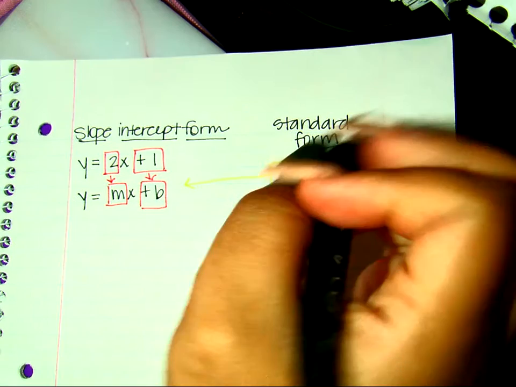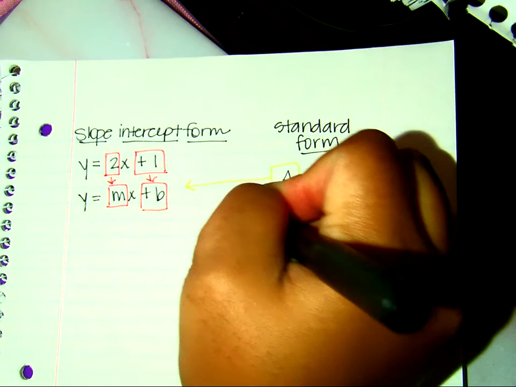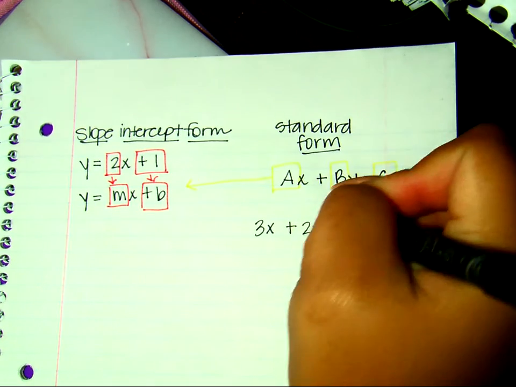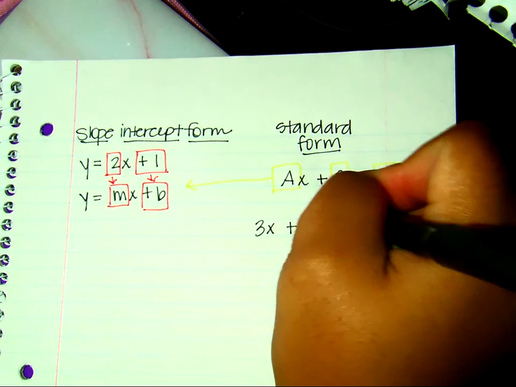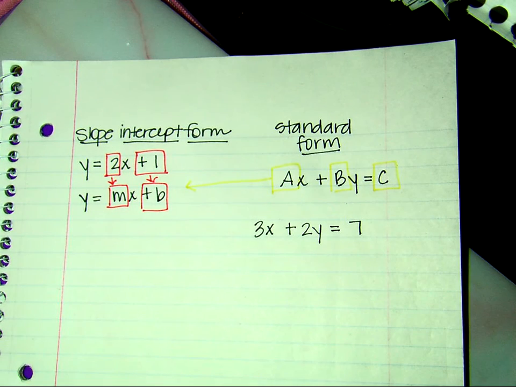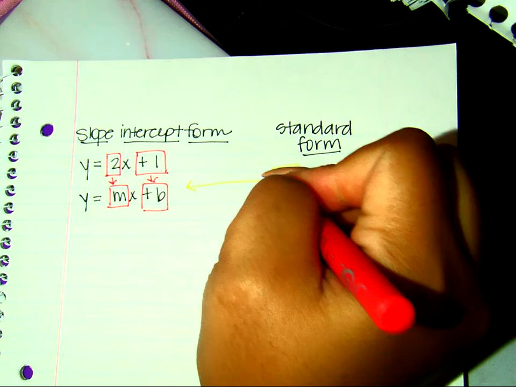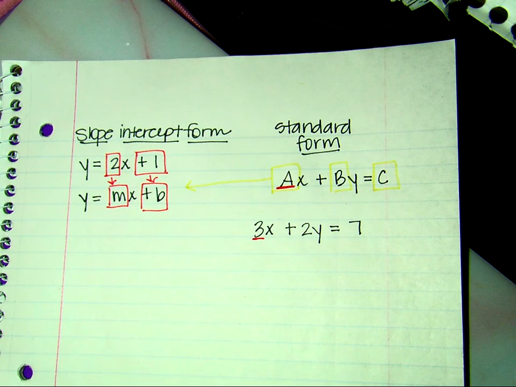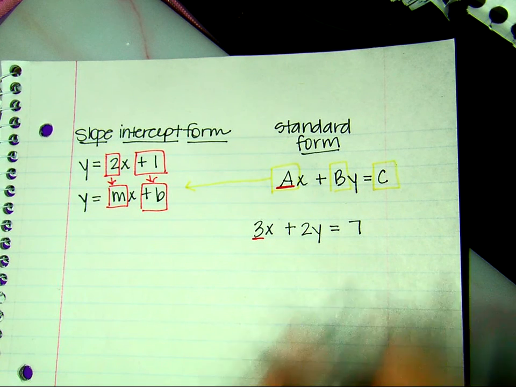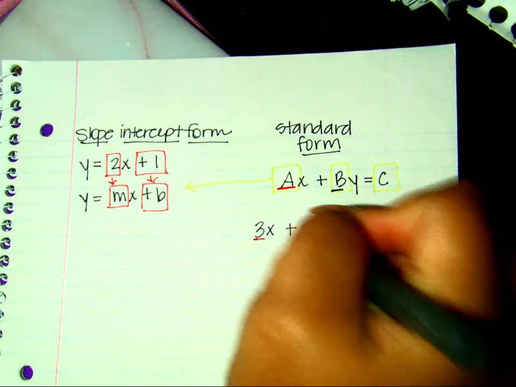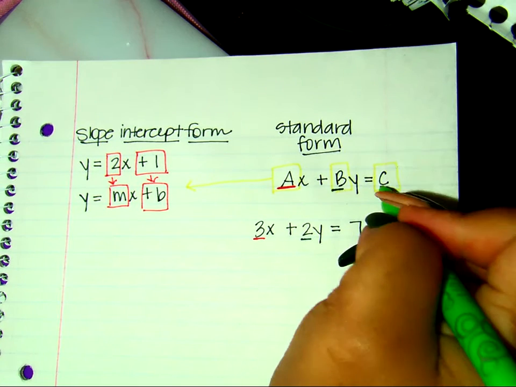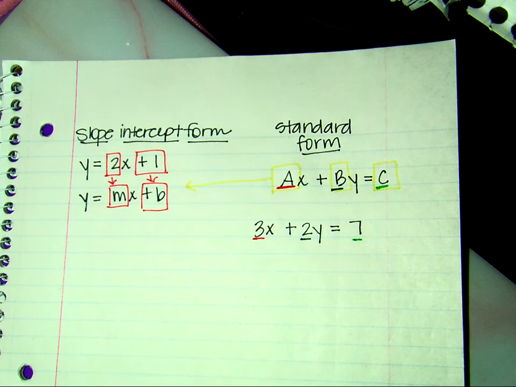Alright, so if we had 3x plus 2y equals 7, I want you to recognize that a is 3, b is 2, and c is 7.